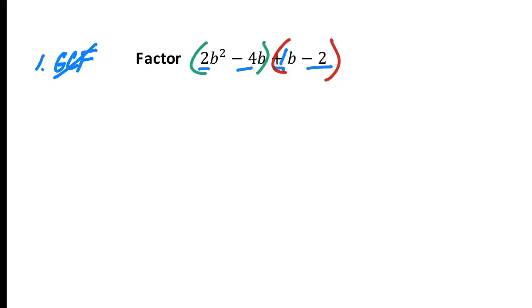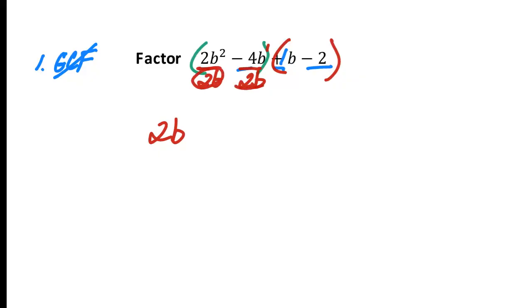So as I look, 2b squared minus 4b, I can divide both of those by my smallest coefficient, which is 2. And I can take out a b. I have b to the second and b to the first. The most I can take out is a b to the first.